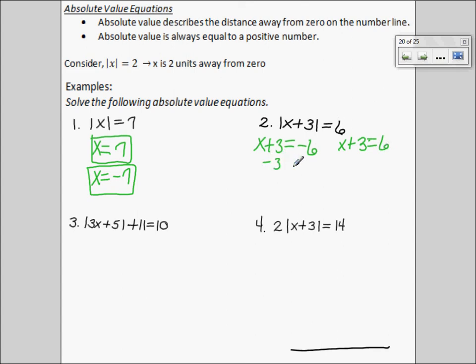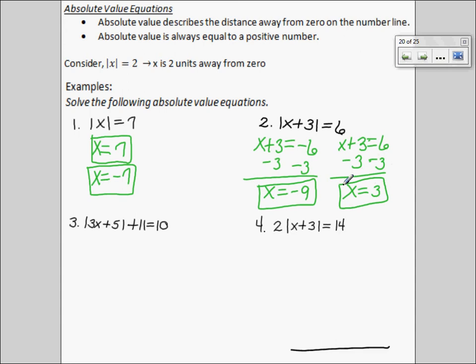For this first one, just subtract 3 on both sides. So when you do that, you have x equals negative 6 minus 3, or just x equals negative 9. On the other hand, x plus 3 equals 6, you just subtract 3 on both sides, and you have x equals 6 minus 3, or x is just equal to a positive 3.